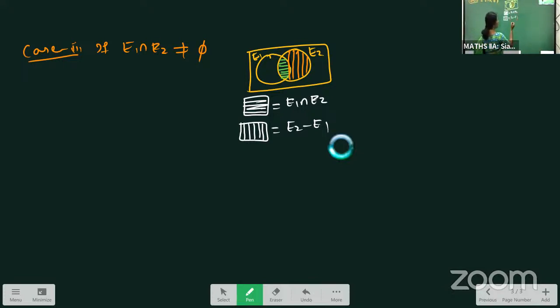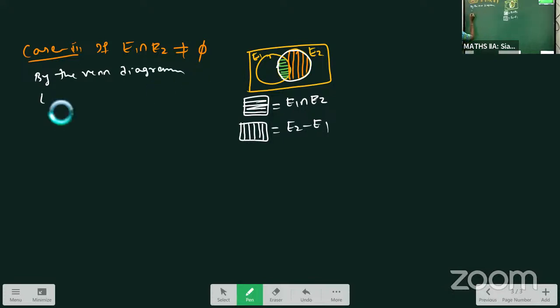Now, focus on the diagram. Union of these two will be what? Union of E1 intersection E2 and E2 minus E1 is what? This complete part, right? This complete part means E2. So, by the Venn diagram, E2 can be written as E1 intersection E2 plus E2 minus E1.